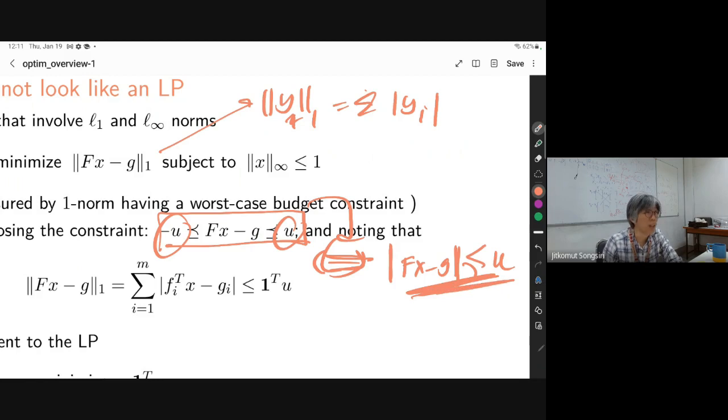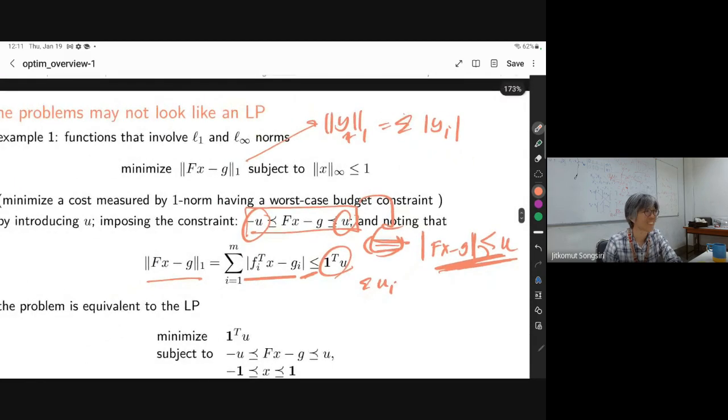Then if I enforce that constraint, my L1 norm, which is the sum of absolute values, would be less than 1 transpose u, because 1 transpose u is the sum of ui. Now, I want to minimize the one norm of this vector, but if I enforce this as a constraint, this serves as an upper bound of the sum.